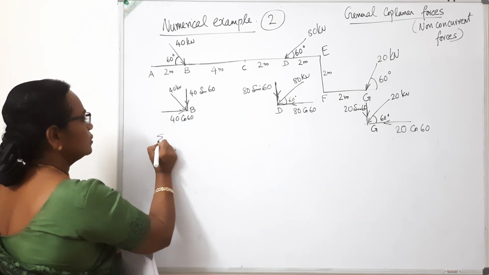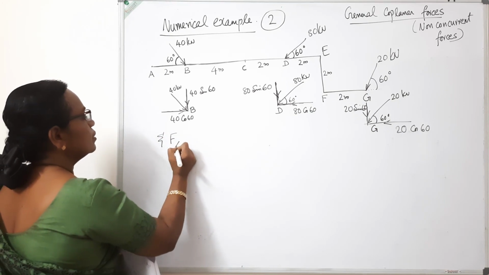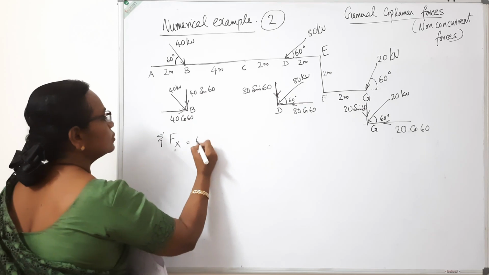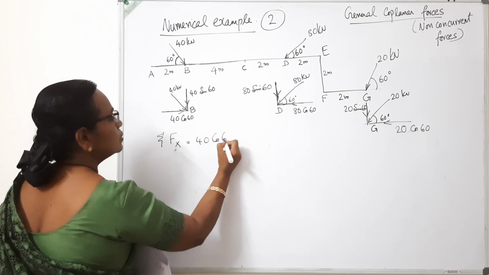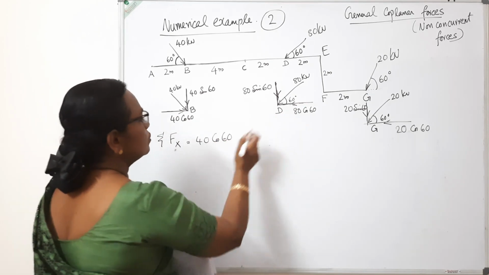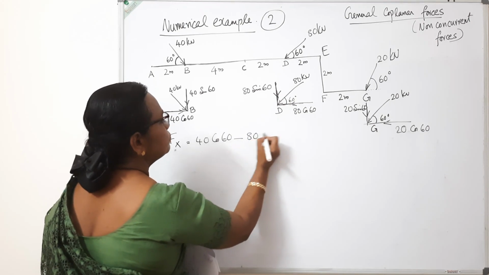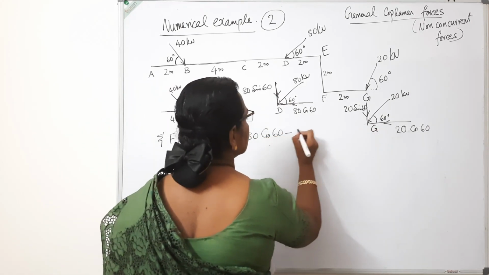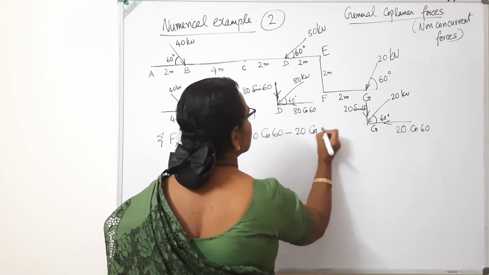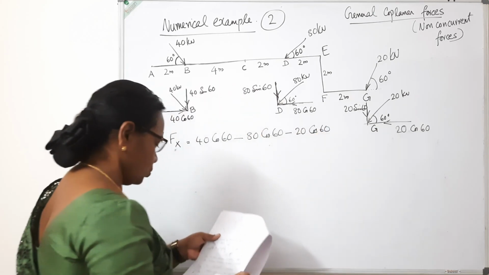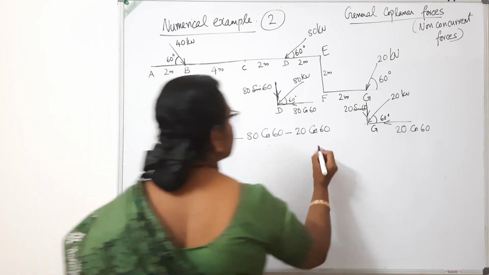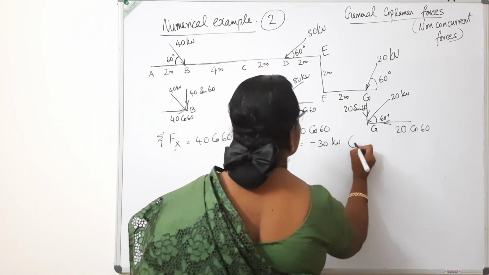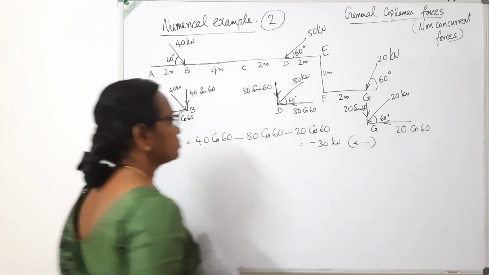Now we can write sigma Fx is equal to 40 cos 60 towards right, 80 cos 60 towards left, this 20 cos 60 towards left, and it works out to minus 30. Minus 30 means Fx is towards left.